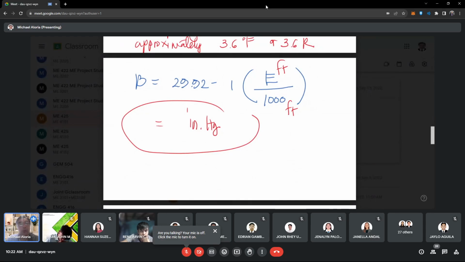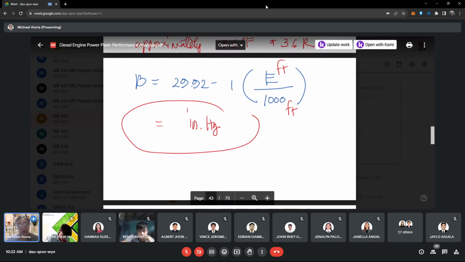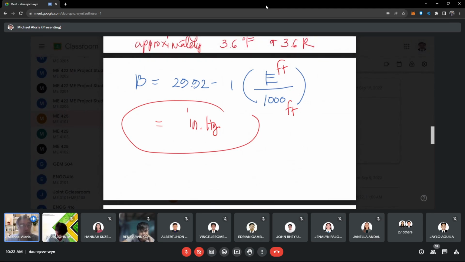29.92 minus 1 inch of mercury for every 1,000 feet elevation. Pagka ibinigay sa iyo, let's say, 1,500 feet, over 1,000 times 1, ima-minus mo sa 29.92, and obviously your B decreases. Ito na yung bago mong barometric pressure at a given elevation.